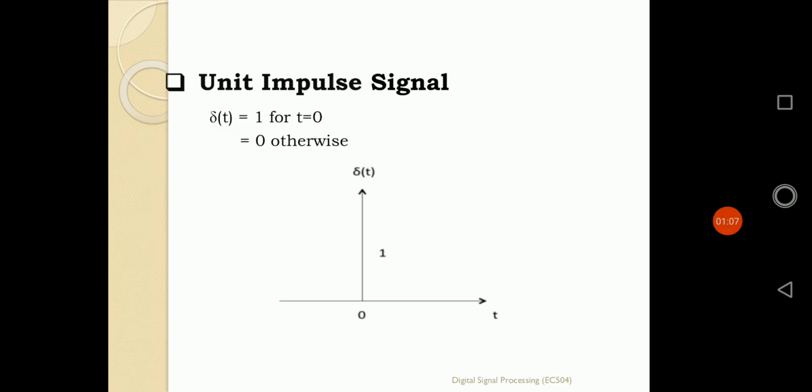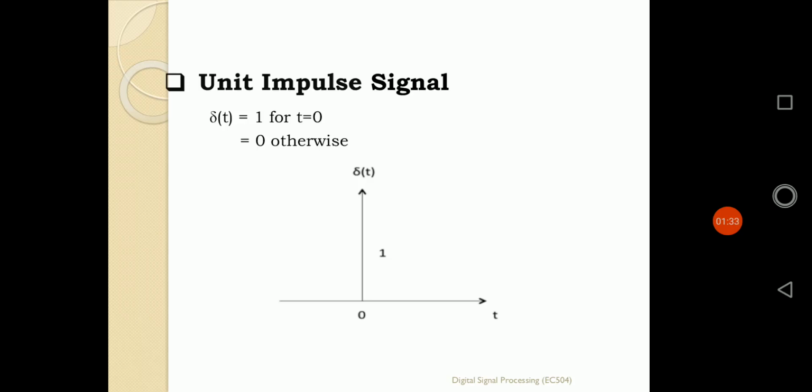So start with the first function, that is unit impulse function or unit impulse signal. Why is it called unit? Because the amplitude is unity. Unit impulse function is normally represented as delta of t, and the value of delta of t is equal to 1 for t exactly equal to 0.